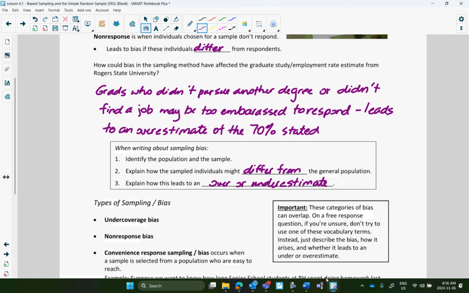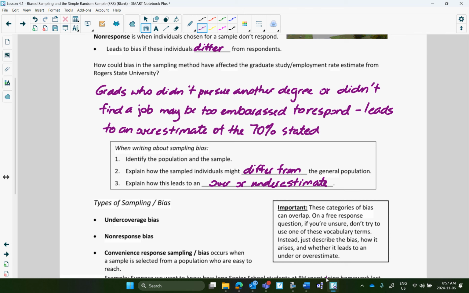So before we talk about how we can address bias and reduce it, which obviously is a goal, we're going to talk about a few other types of bias. If you're asked about it, sometimes you may not remember the term. We've already talked about two, undercoverage and non-response. You don't necessarily have to use the word.